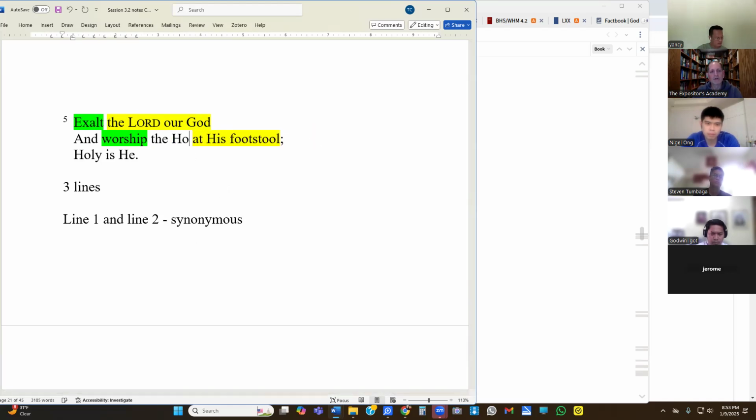But instead, he has the location, worship at his footstool, which could be a reference to the temple, perhaps the Holy of Holies. So I'm going to go with, I think the more likely one is developmental. And if it is, what kind of developmental do you think it would be?